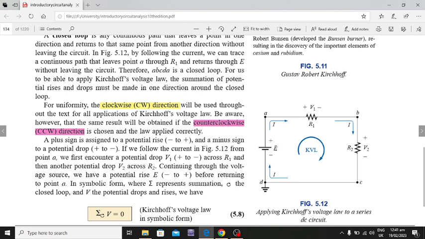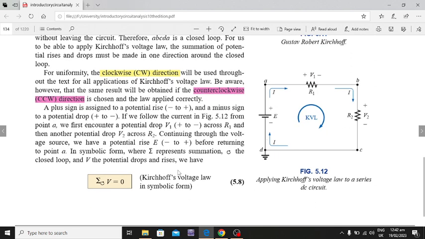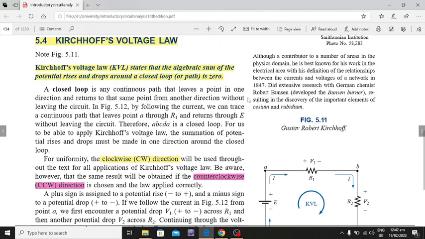If I give 20 volts here, then 10 volts drops here and 10 volts drops here, so 20 volts equals 20 volts. Potential rise is equal to the potential drops. So this is Kirchhoff's voltage law. In symbolic form we represent this as summation V equals 0. So these two concepts you must remember.